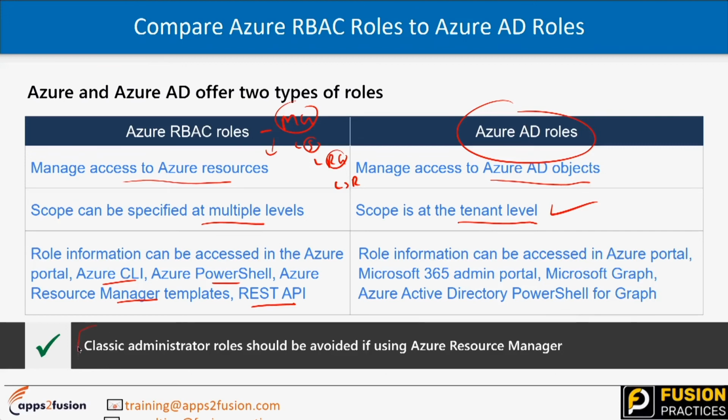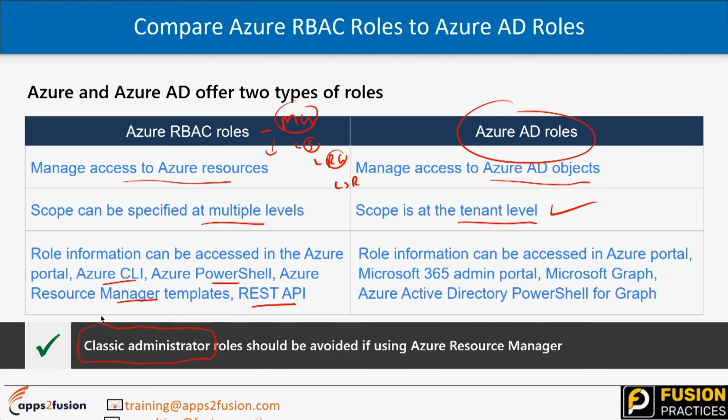You also had something called Classic Administrator. Earlier the Azure portal was called manage.azure.com. Now it is called portal.azure.com. But earlier it was called manage.azure.com, and at that time you used to use classic roles as well. Those classic admin roles help you create anything related to classic administration.